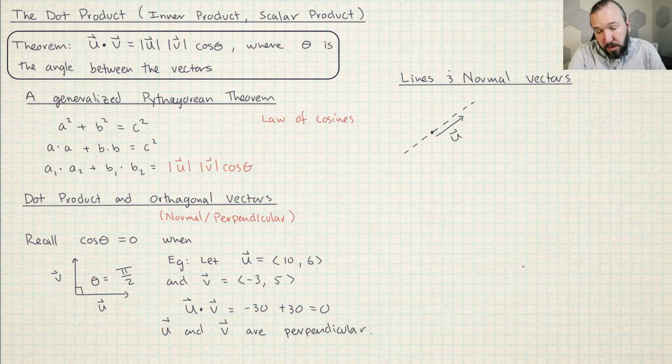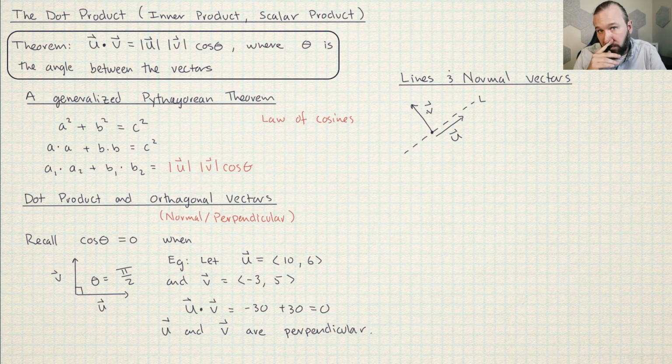So this gives us another way to write the equation of a line. So suppose this dotted line here is L and u is a vector in the line. And suppose that v, I really want to call it n for normal, but let's call it v here for normal vector. So just get used to this. That also means perpendicular. That also means orthogonal.